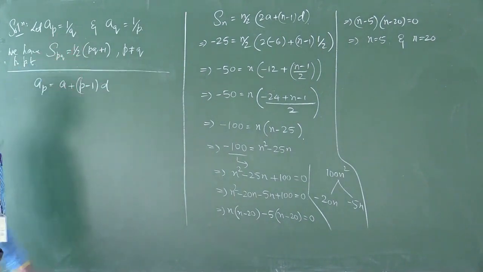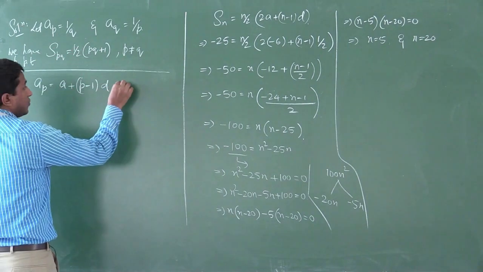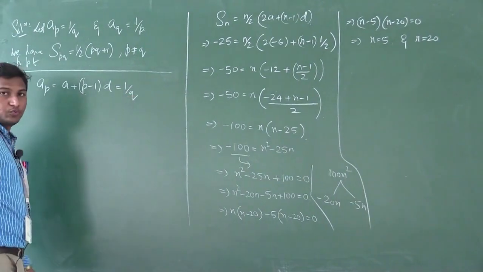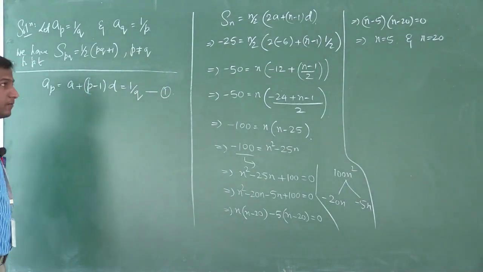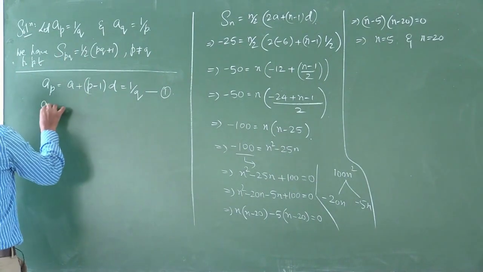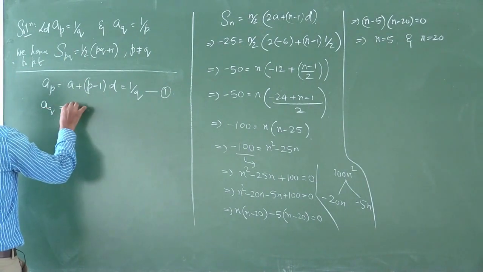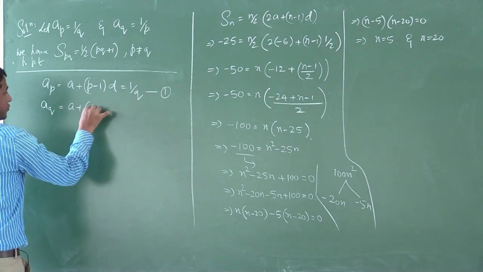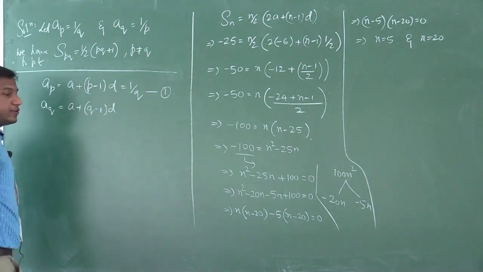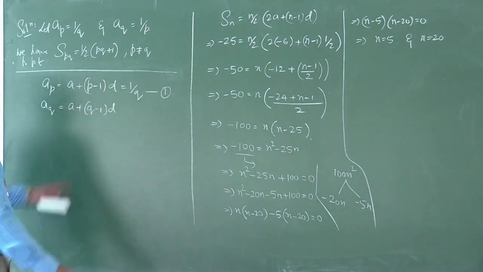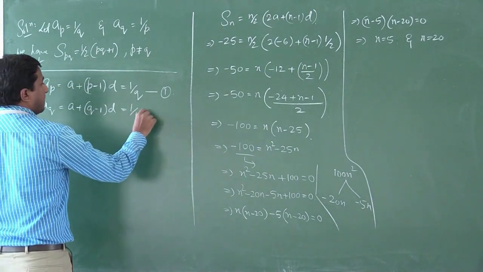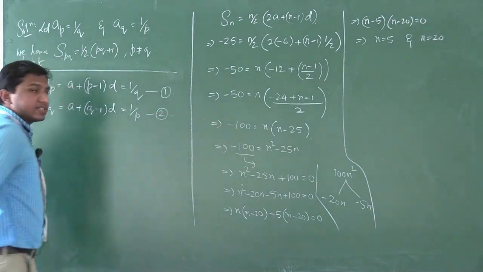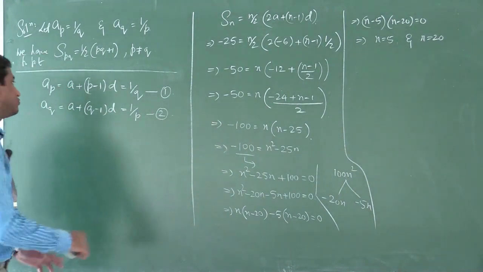But what is AP? It is nothing but equal to 1 by Q. We will take this as equation number 1. Then how can we write AQ as a plus Q minus 1 into d? But what is AQ equal to? It is nothing but 1 by P. We will take this as equation number 2.